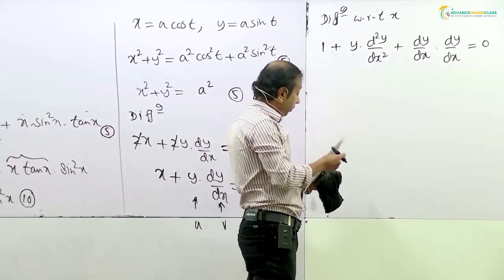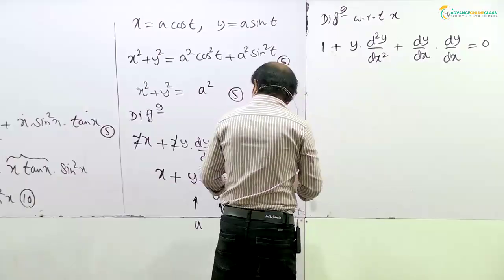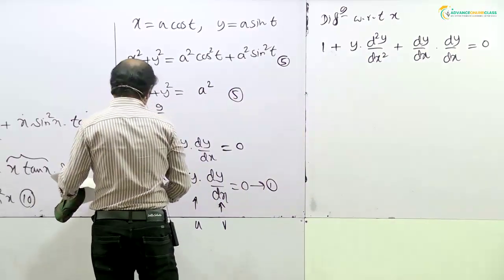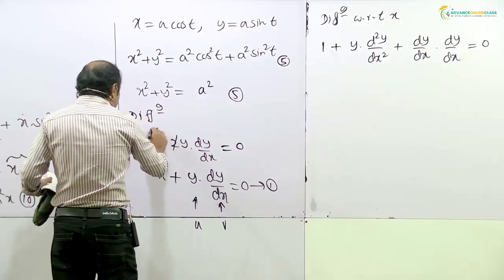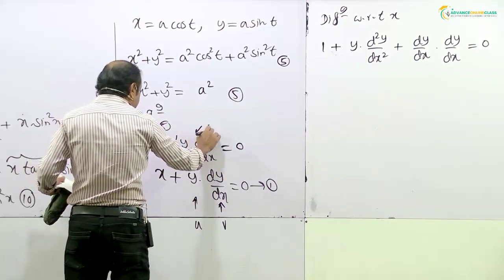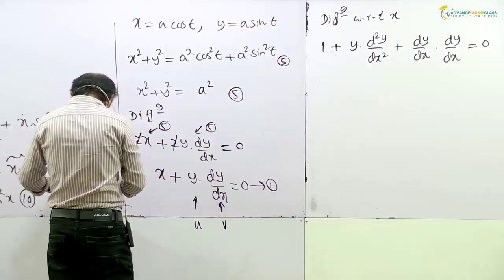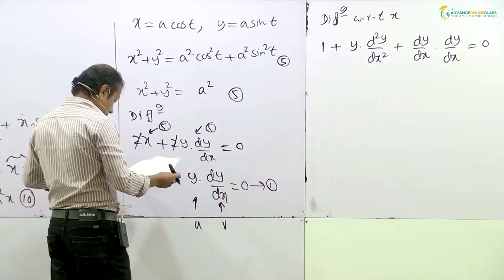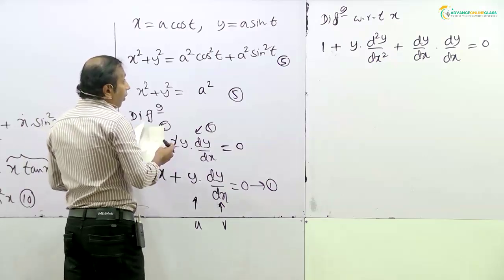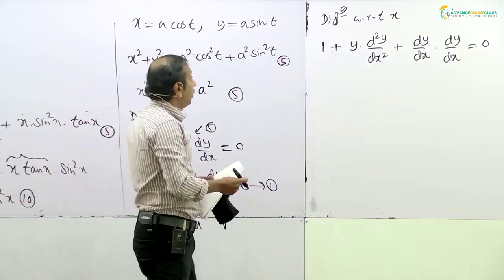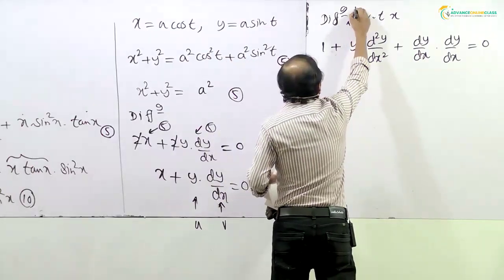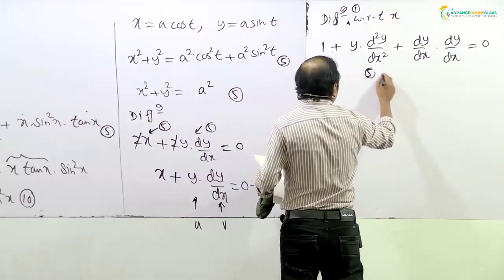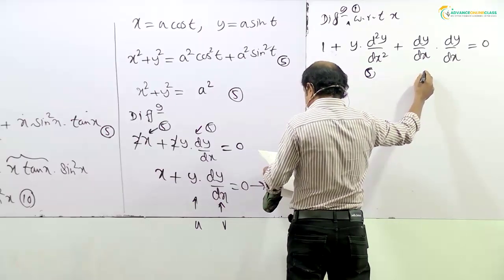So here you get marks this way. For this derivative, 5 marks, for this derivative, 5 marks. Differentiating number 1 with respect to x, again here 5 marks, here 5 marks.